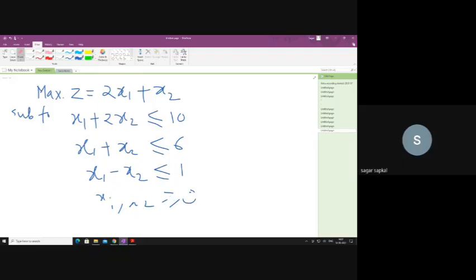There is one more line, rather one more constant. x1 minus 2x2 is less than or equal to 1, and this is less than or equal to 2.